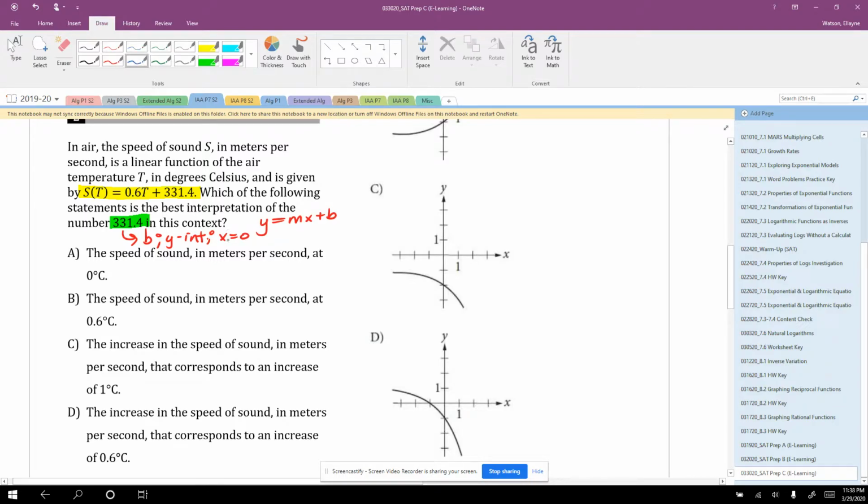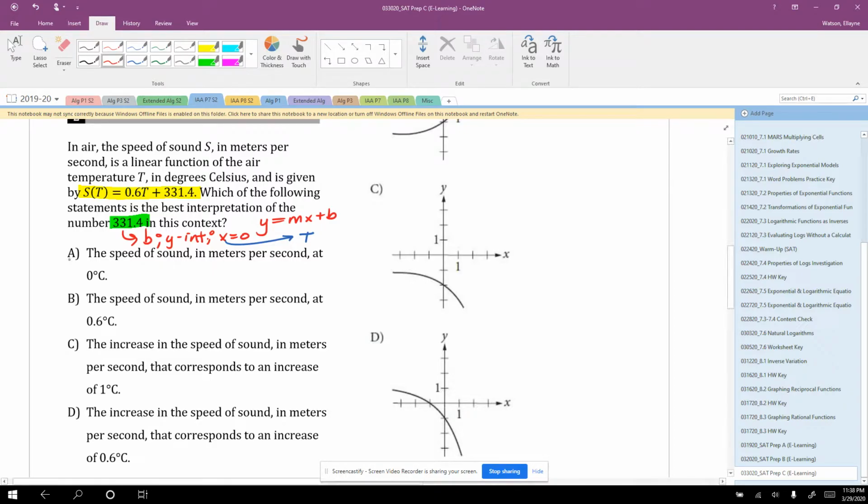And in this case, x is actually t, right? Because instead of x and y in this equation, it's t and s. Okay? So again, I know that 331.4 is my b, which is my y-intercept, is when temperature equals 0. So using that information, I go through my options, and it's going to be the speed when temperature equals 0.